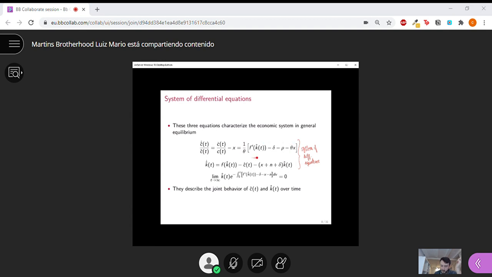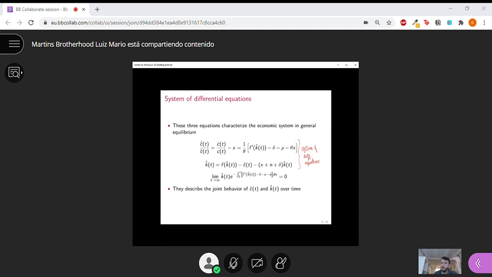And on the right hand side, we have nothing associated with consumption. We only have something associated with capital. So we can solve for consumption as a function of capital. But we're not going to do this because we're going to have a nice, interesting graphical interpretation for the system of differential equations. But if you wanted, you could solve for c hat, and you would have something.